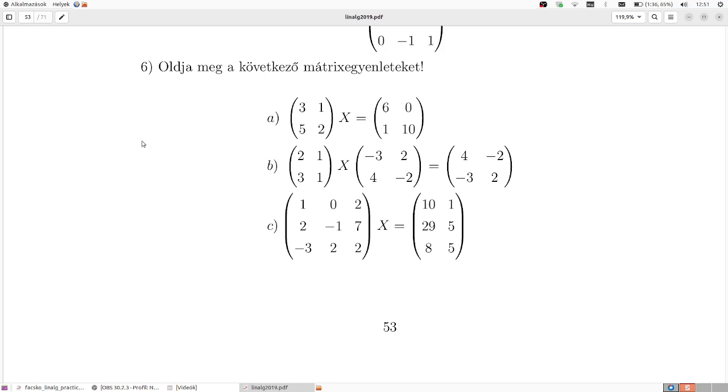Okay, it's the same, just a bit more difficult because of the size of this matrix. So this is A, this is B. Okay, so I do this inverse.